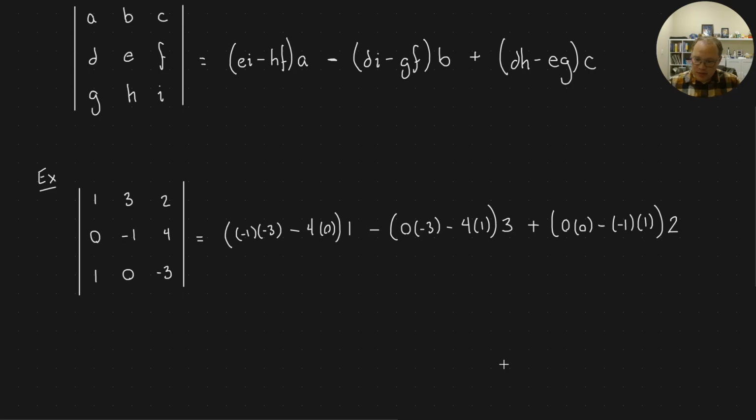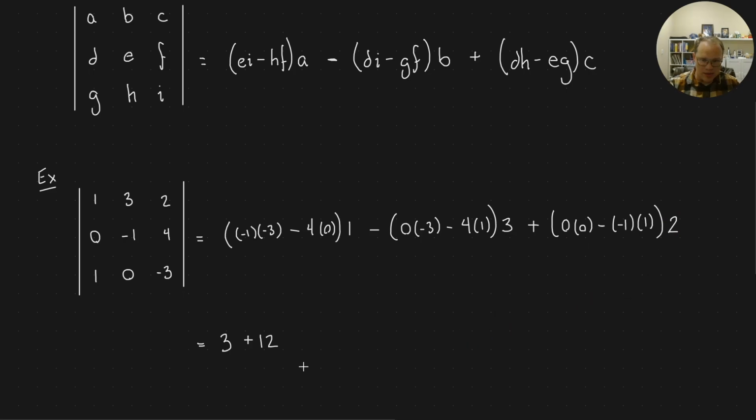All that's left now is a little bit of arithmetic. I get -1 times -3 is +3, minus 0 is +3 times 1 is 3. 0 minus 4 is -4 times 3 is -12, but there's already a negative in front, so it becomes +12. 0 times 0 is 0. -1 times 1 is -1. 0 minus -1 is +1.